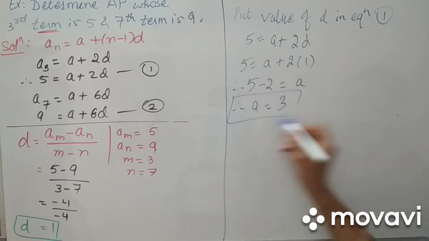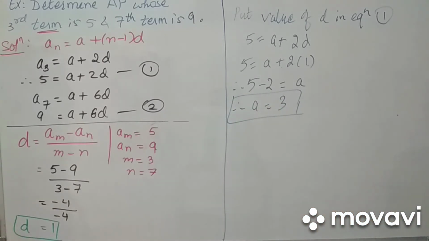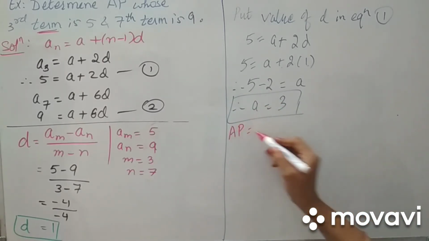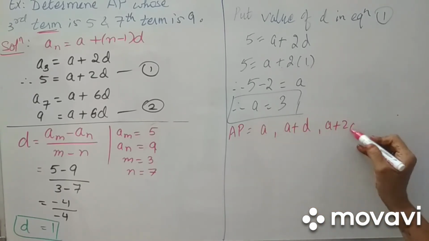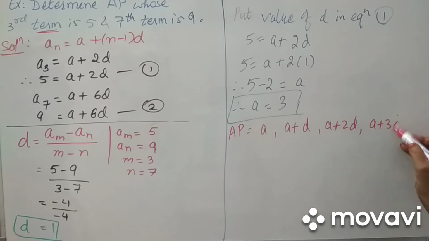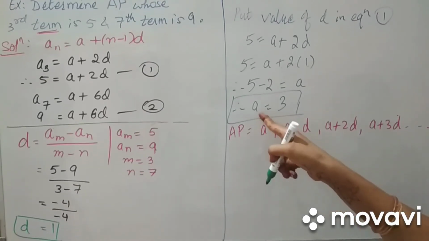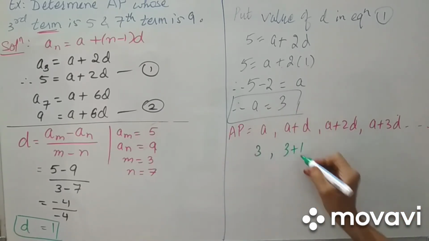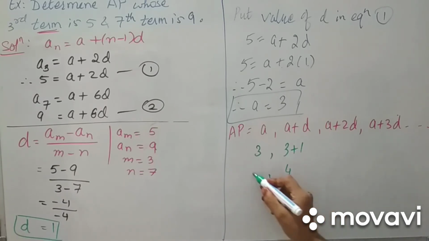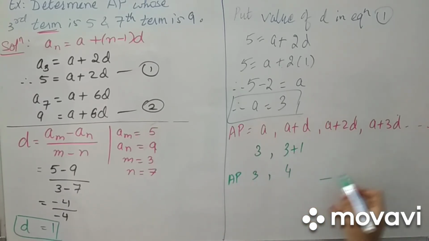We got 3. Okay, generate an AP: A, A plus D, A plus 2D, A plus 3D and so on. So we will generate our AP. A is 3. Then A plus D: A is 3 plus D, so what will it be? 3 plus 1, 4 is my answer. So my exact AP is framed.